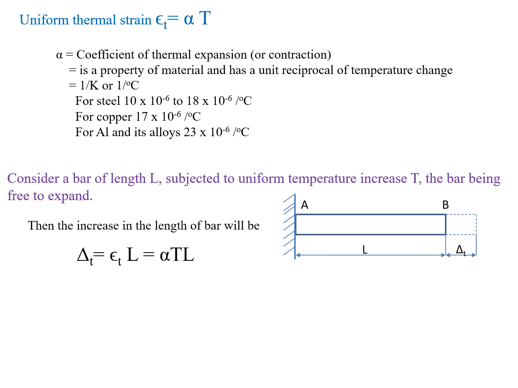So delta T equals epsilon T into capital L. Previously we know that epsilon T equals alpha T. So the deformation due to the temperature change, delta T, equals alpha T L. So this is a very important formula. Kindly remember this one.